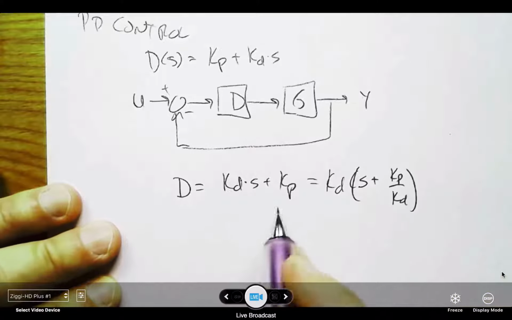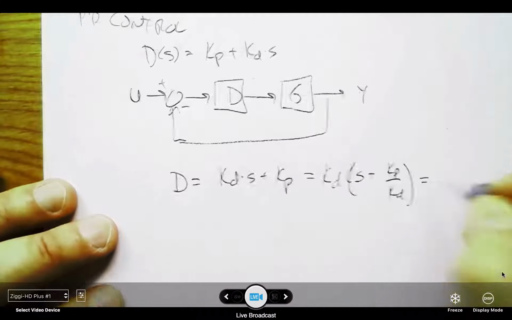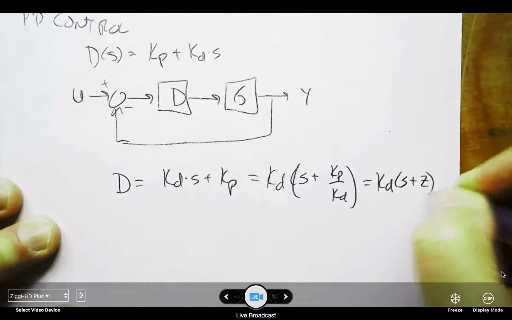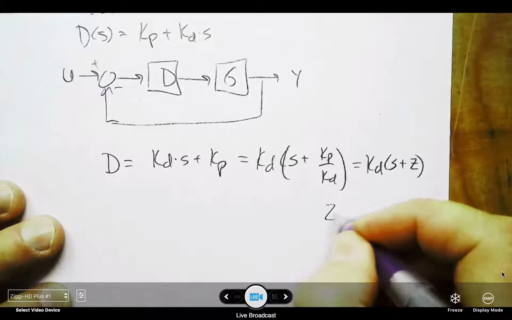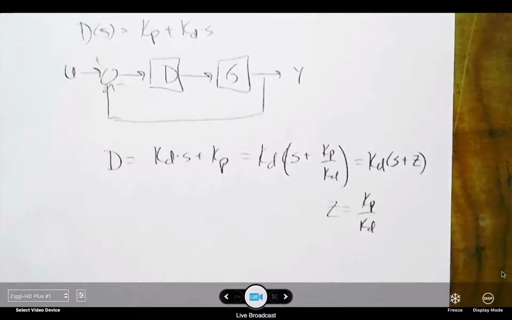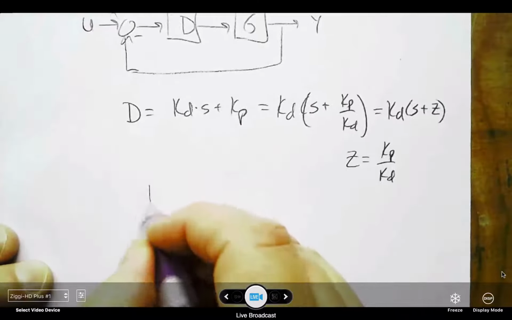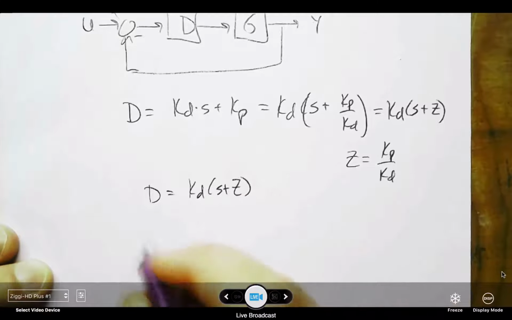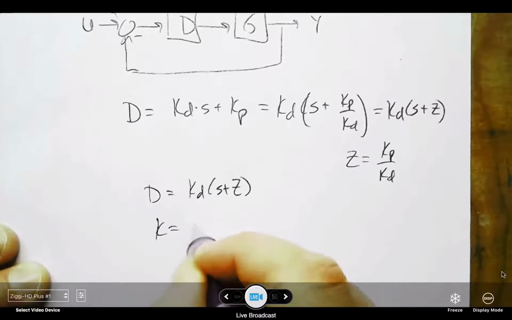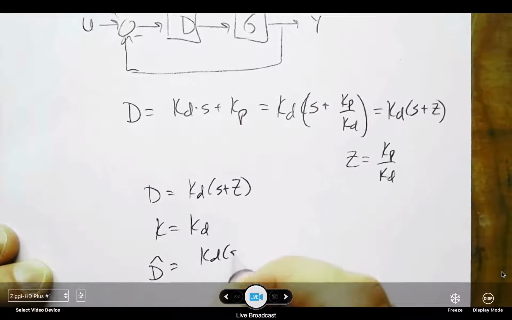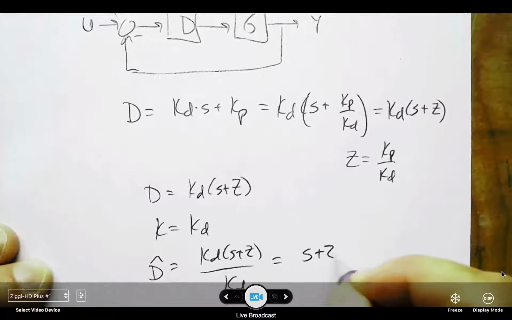So I'm factoring a Kd out of both parts, which I could then also rewrite as Kd times S plus my 0 location, where Z is defined to be Kp over Kd. So if I have D equal to Kd times S plus Z, then my K is just Kd, and my D hat would be Kd times S plus Z divided by Kd, or just S plus Z.